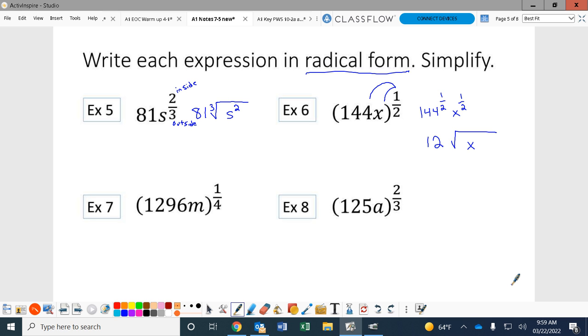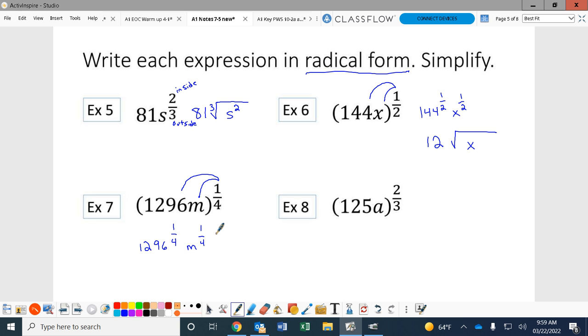All right, write the next one. 1296M. I have to distribute that 1/4 to both of these. So 1296 to the 1/4 and M to the 1/4. Y'all have the calculators.